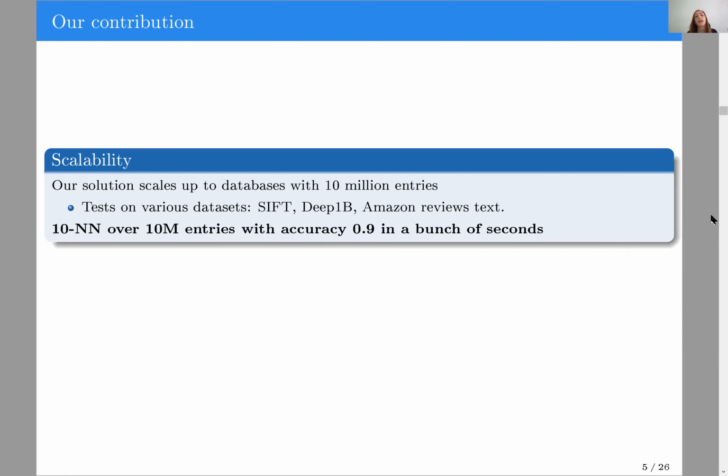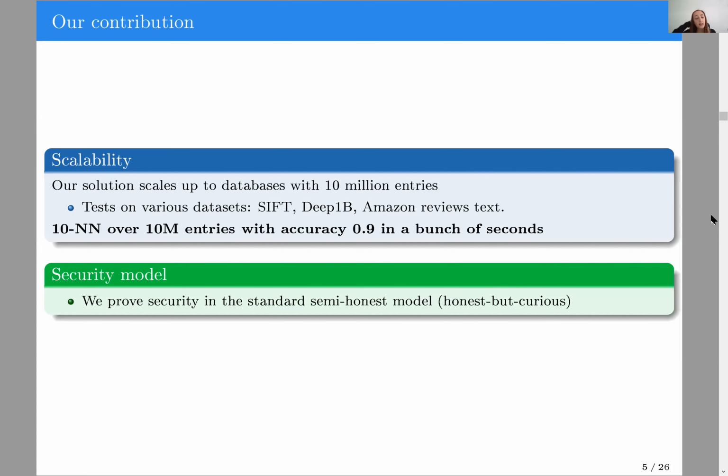We show that we are able to achieve the 10 nearest neighbor search with an accuracy of 0.9 in just a bunch of seconds. An accuracy of 0.9 means that on average, 1 out of 10 answers might be incorrect. And as I said before, we work in the standard semi-honest security model, so we will compare with other solutions in the same security model.